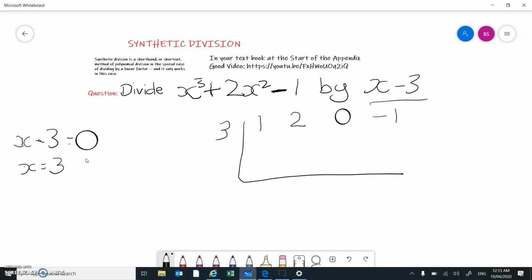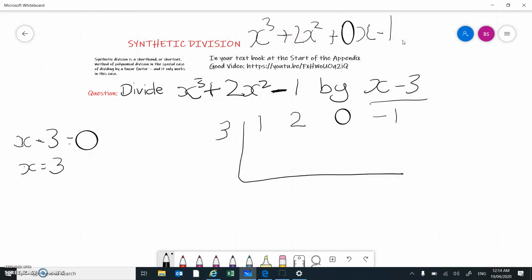If you're wondering why it's 0, this question is actually x to the power of 3 plus 2x squared plus 0x minus 1. In the same way, when we do long division, if there's a missing term, we put a 0 there. It's the same with synthetic. So 1, 2, 0, -1.